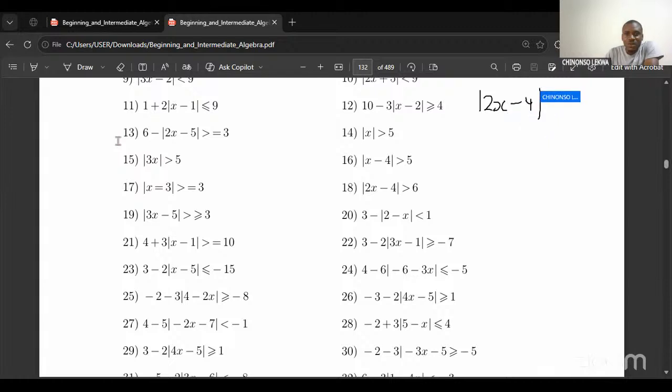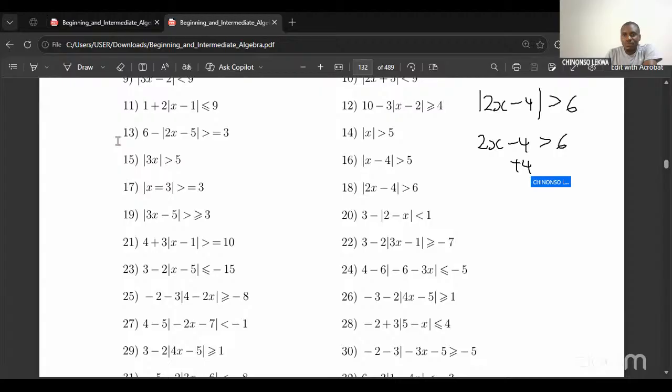Okay, so question 18 here we've got the absolute value of 2x minus 4 is greater than 6. Again, we want to emphasize that when you have absolute value, you want to take both the positive and negative value. So we'll first take the positive value here, which is 2x minus 4 being greater than 6. I want to isolate 2x, so I'm going to add 4 to both sides.